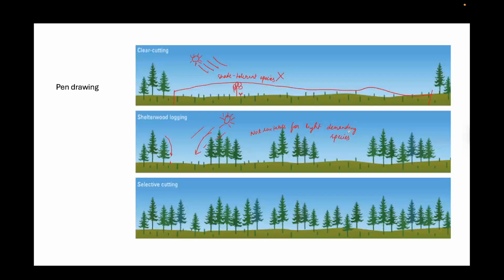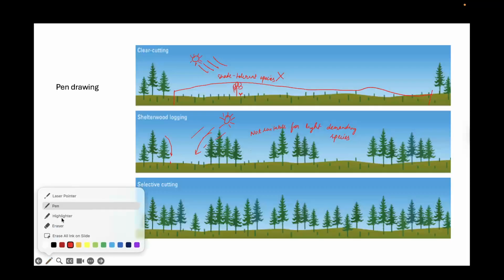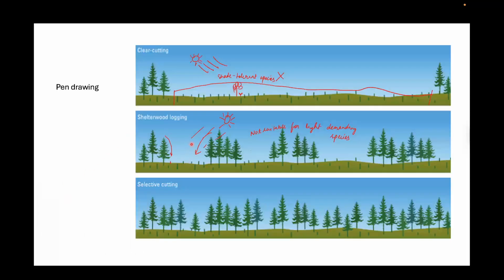So only shade tolerant or shade bearing plants will benefit from the shelterwood logging, but not the light demanding species.